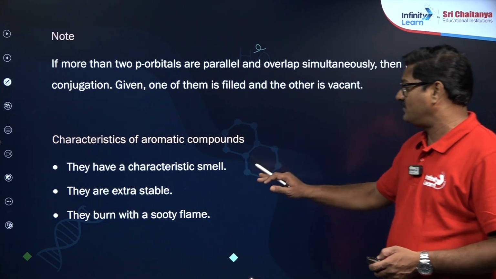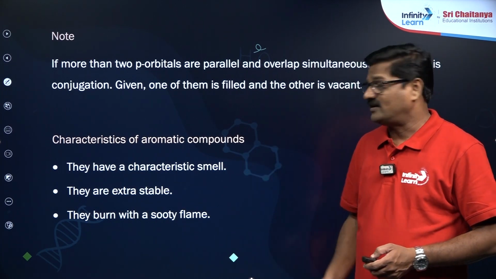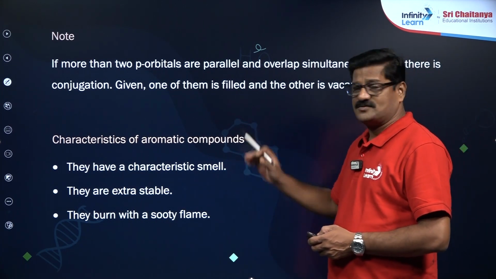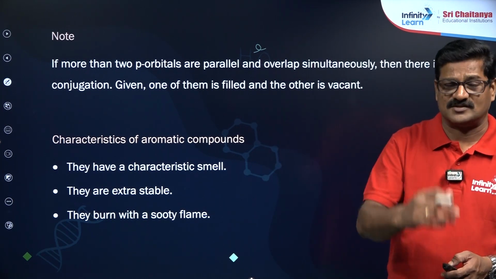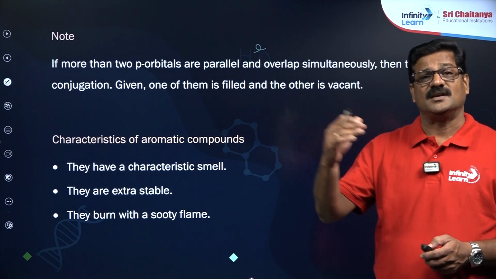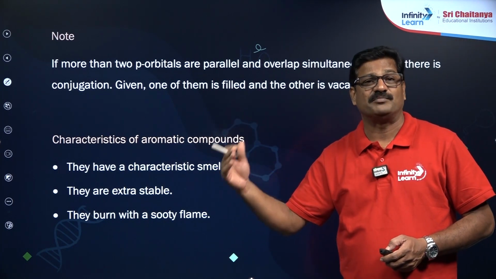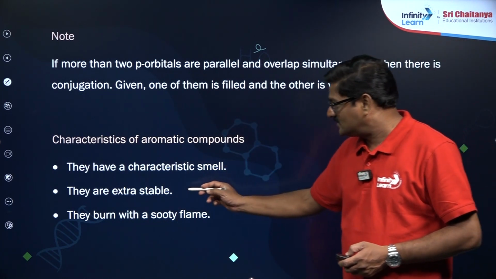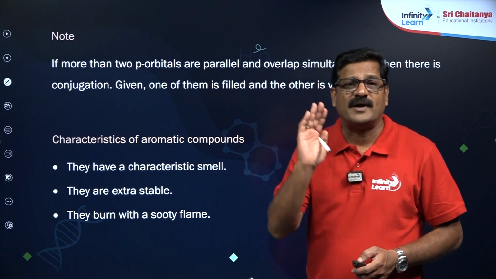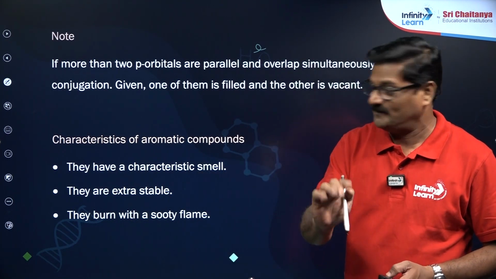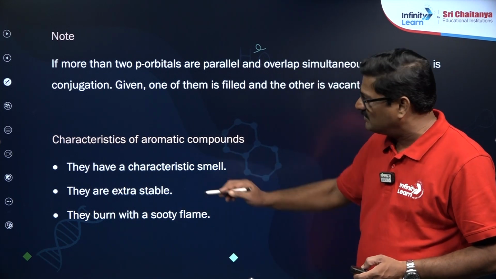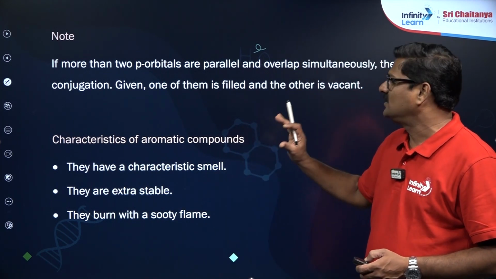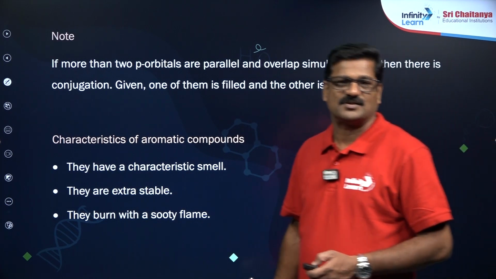They have a characteristic smell, like benzene and toluene. Nitrobenzene is one of the chief ingredients in perfumes. They are extra stable. Aromatic compounds are super stable and they burn with a sooty flame. These are the 3 major fundamental characteristics of aromatic compounds.